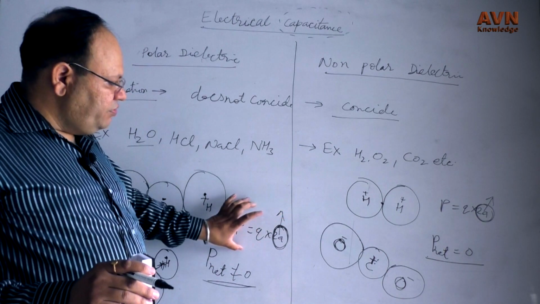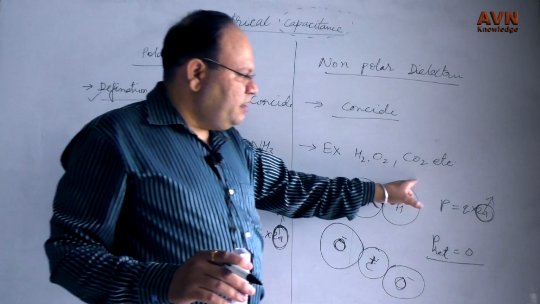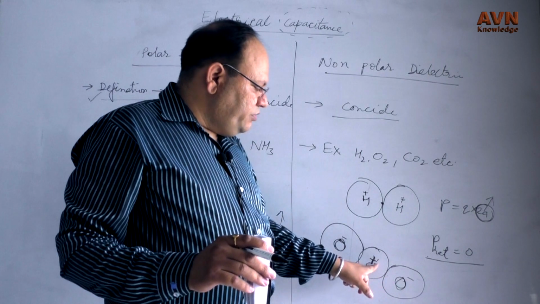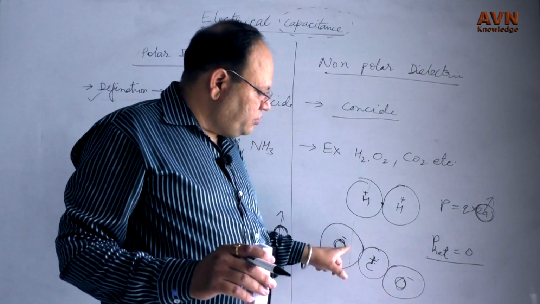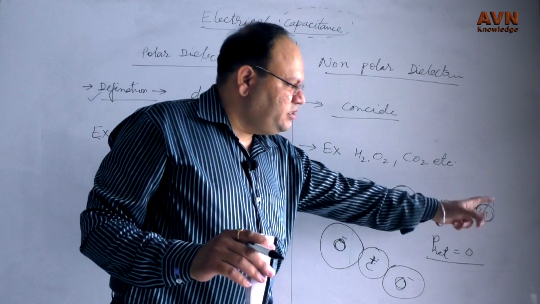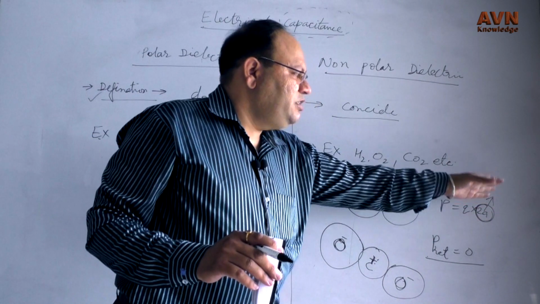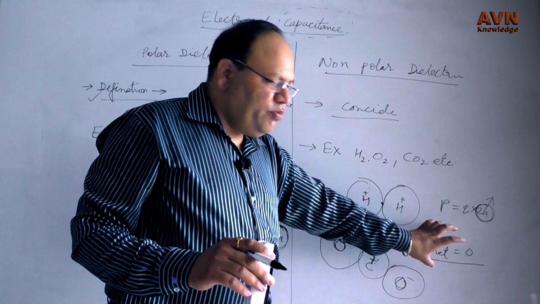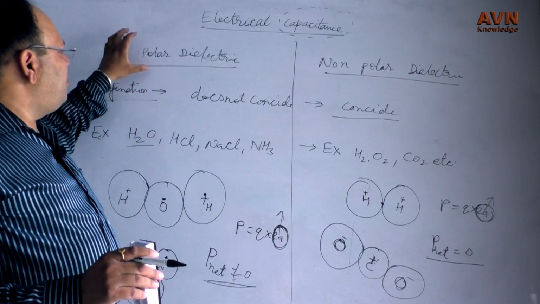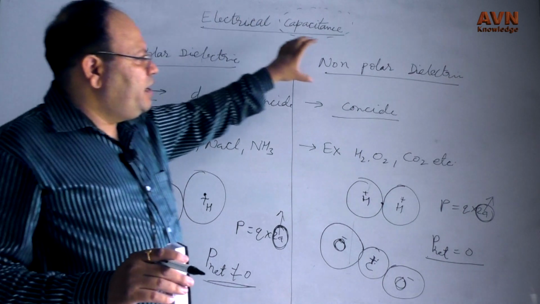The positive and negative charges are separated here, and here they coincide because the center of mass of positive charge and the center of mass of negative charge coincide at this point. So the separation distance is 0. When the separation distance is 0, the net electric dipole moment will be 0. So we can explain the polar dielectric and non-polar dielectric.